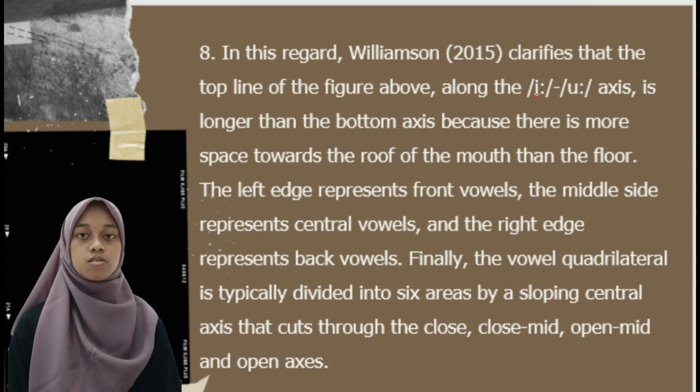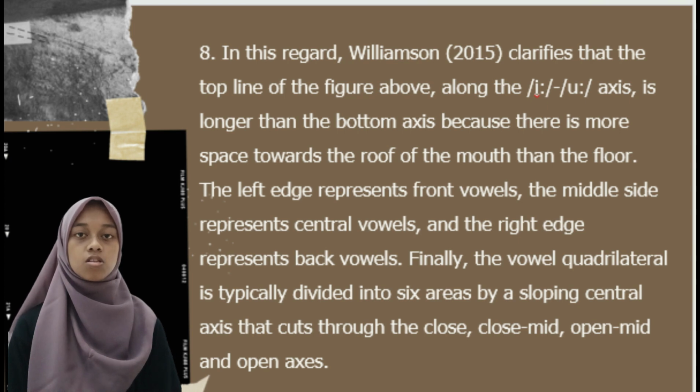In this regard, Williamson clarifies that the top line of the figure above along the E and U axis is longer than the bottom axis, because there is more space toward the roof of the mouth than the floor. The left edge represents front vowels.